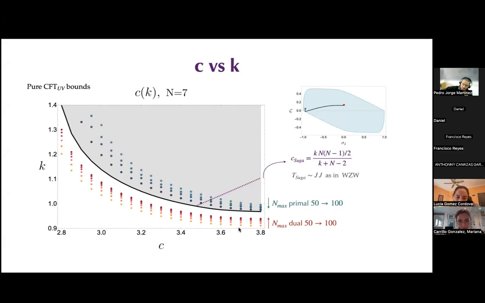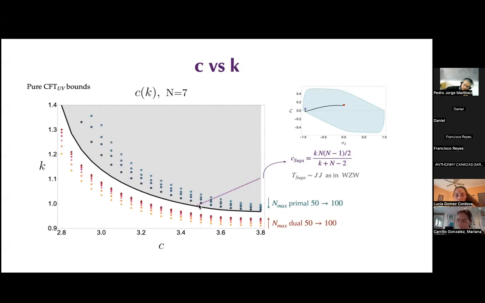And here I'm showing both the primal and dual points as you increase the size of your ansatz. And then this black line is some simple extrapolation to when you have infinite variables. So the allowed values for C and K are in this gray shaded region.